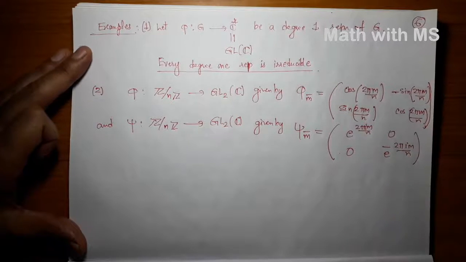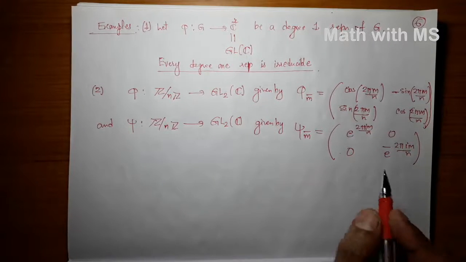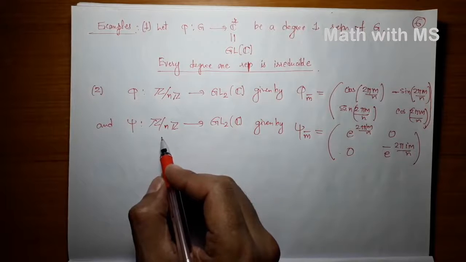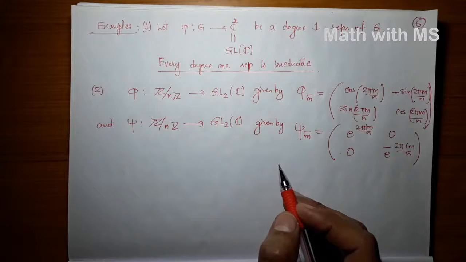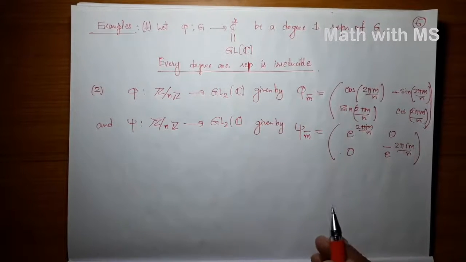Look at these two degree 2 representations of the cyclic group of order n. We showed earlier that they are equivalent representations. Before proving the general fact that equivalent representations behave the same way, that is, if one is irreducible the other is irreducible, let us check them independently.